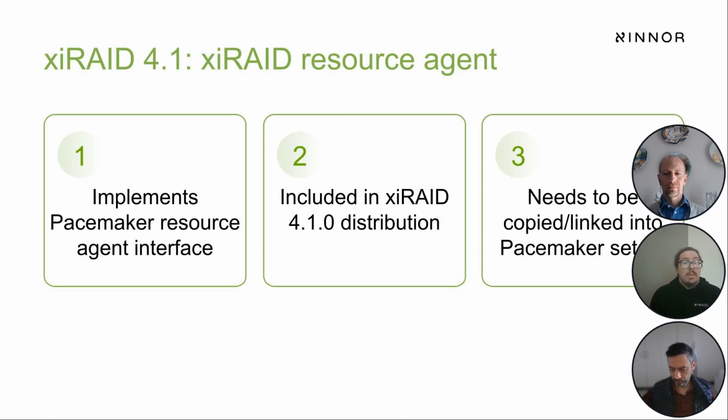First of all, we implemented the xiRAID resource agent, which is a bash script. Essentially, it will be added to the xiRAID distribution, and the only thing you would need to do to put it into work is to link it into the right place for your particular installation of the cluster.